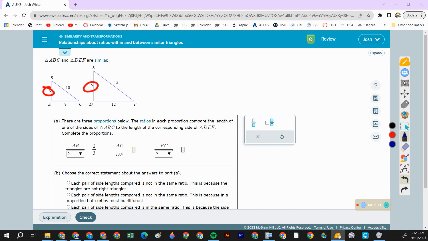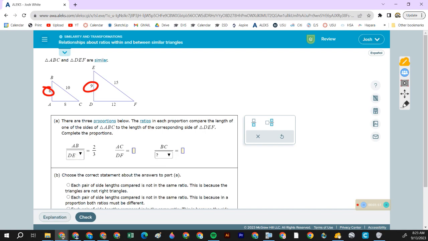So that's going to line up with ED, or DE. Okay. AC lines up with DF, and BC lines up with EF or FE, however they want to call it. And then we need the ratios.